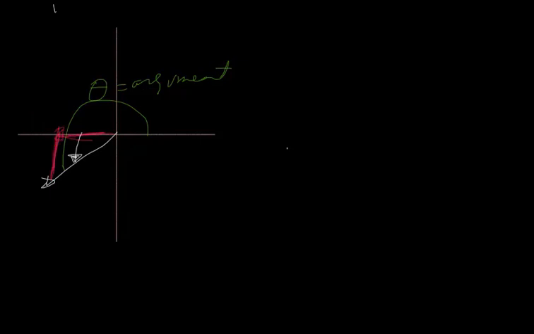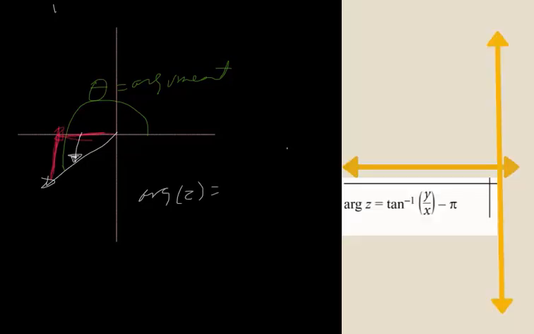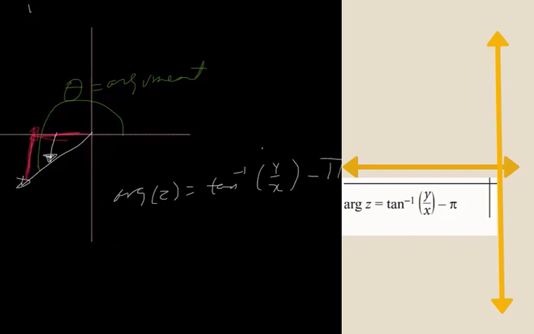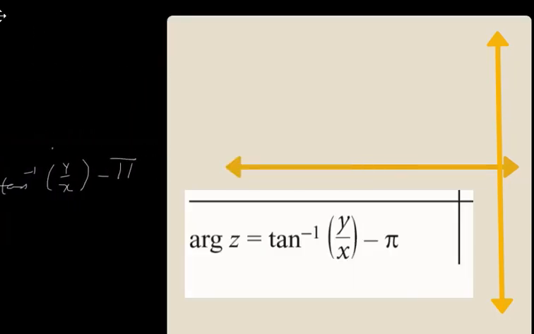Since the angle is more than 180 degrees, to determine the principal argument of z, we have to subtract pi from the argument. If it is in the third quadrant, this will be the value of the principal argument.